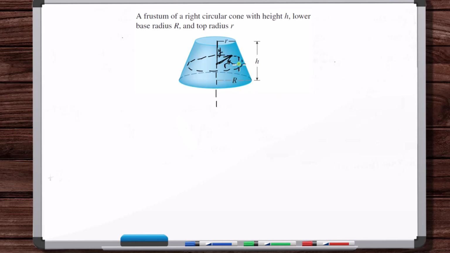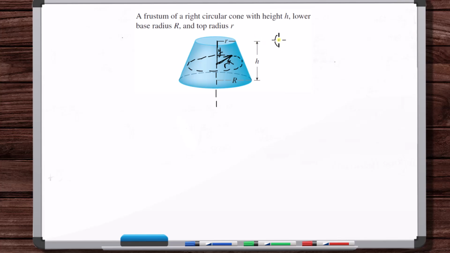Okay, so we can see, though, that r star is going to go from lowercase r to uppercase R, and it's going to do so linearly. We can see that here. And so to get a formula for r star, let's get 2 points on that line.